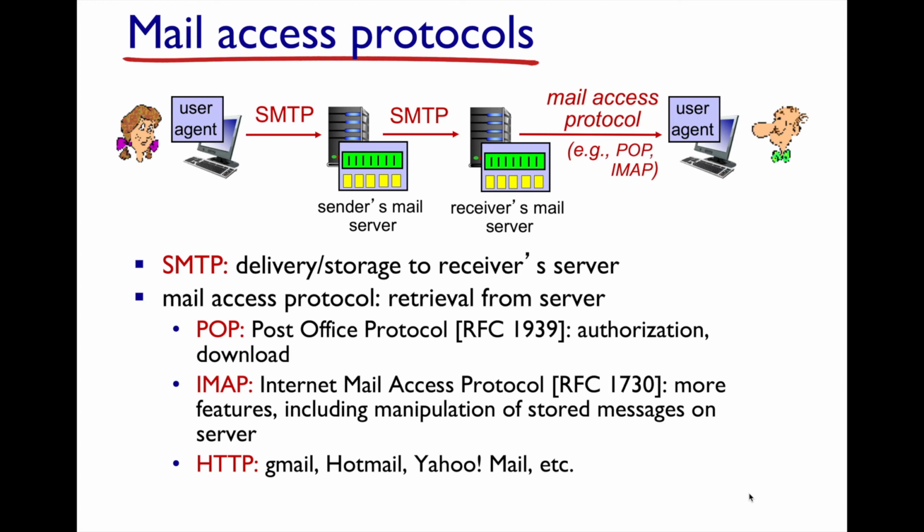And so there are some popular ones, and you can have all sorts of other things, but Post Office Protocol, or POP, is a very popular mail access program. Sometimes if you set up your phone to access your DSU email, they'll ask you, do you want to use POP or POP version 3, or do you want to use IMAP? IMAP stands for Internet Mail Access Protocol. Now, these protocols are in their details specified by the RFCs listed.